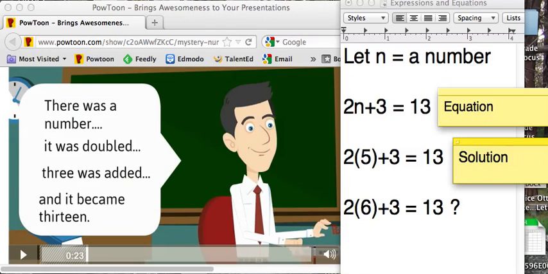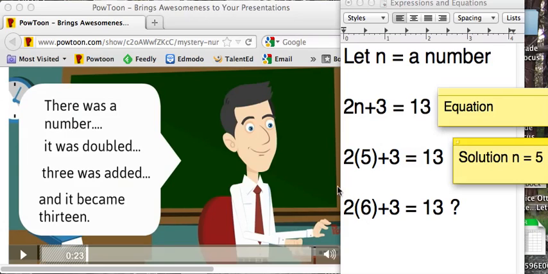The solution is n equals 5, because that makes that a true statement. This is not a solution. N cannot equal 6.